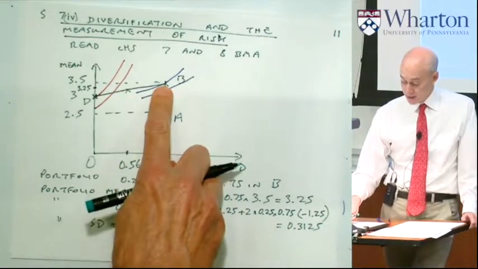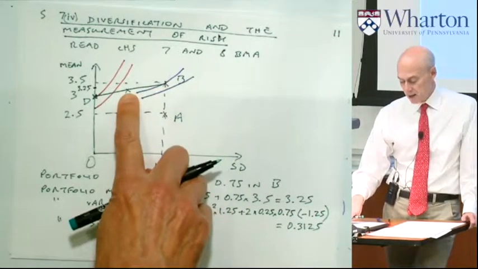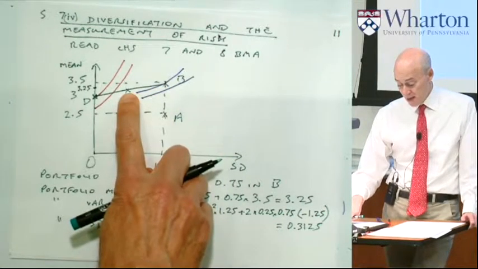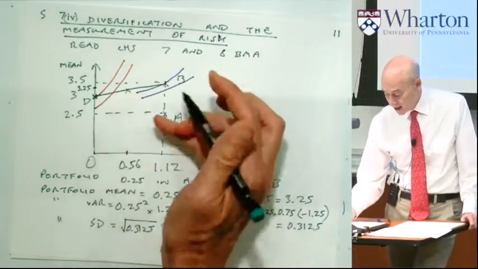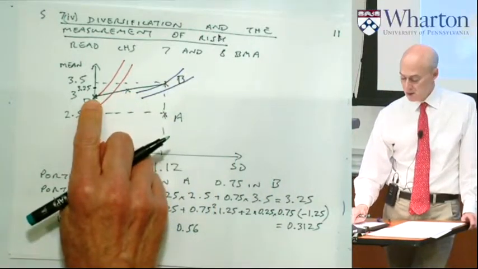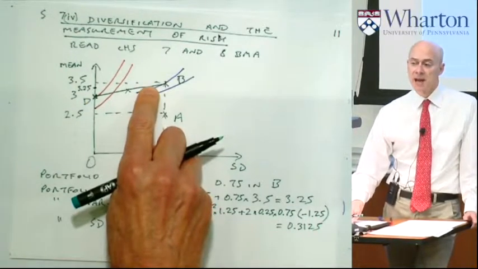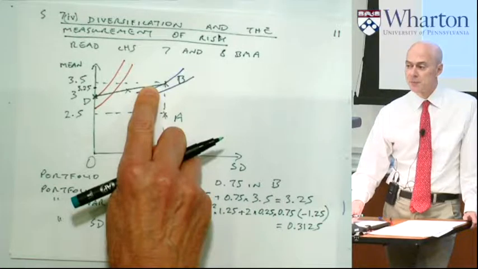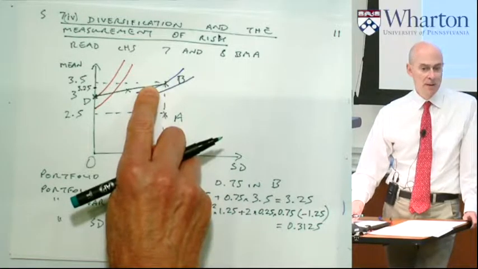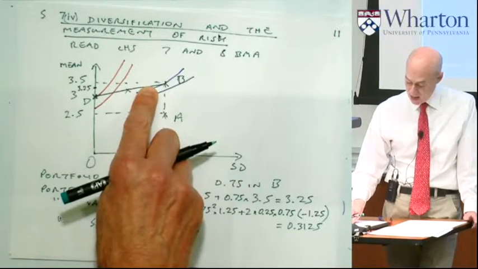Here we've got 100% in B, 0 in A. Here we're 75 in B, 25 in A. And here we're 50-50. What do you think we are somewhere like this? How much would that be in the portfolio? 90% in B maybe? 10% in A?